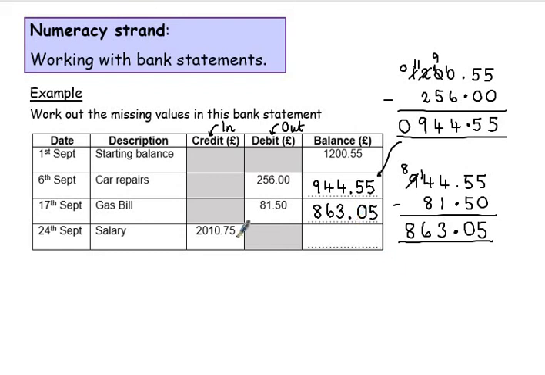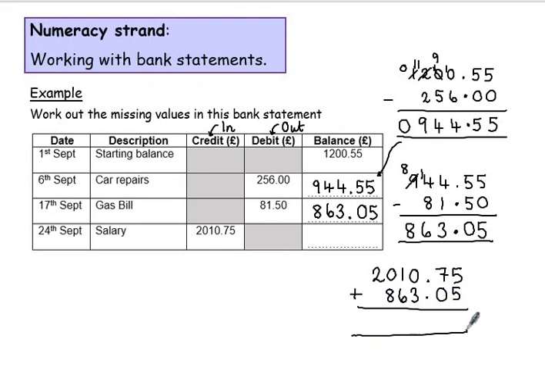So if I write the bigger number first, so I'm going to take my £2,010 and 75 pence, and I'm going to add it to the £863 and 5 pence. So remember, we are not subtracting. This is money going into your account, you're adding it.